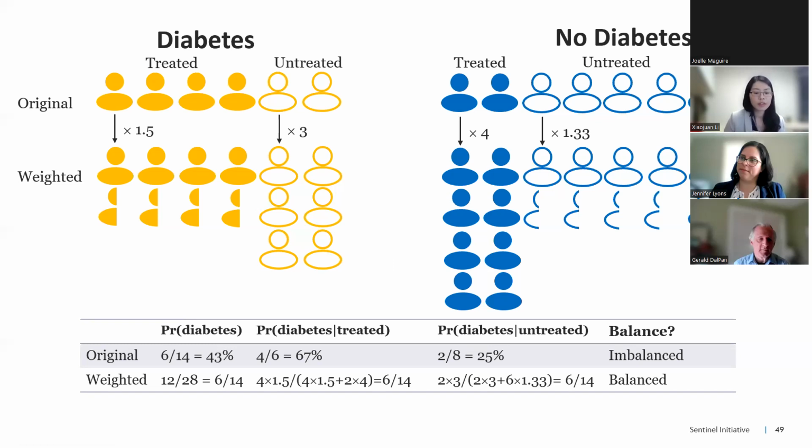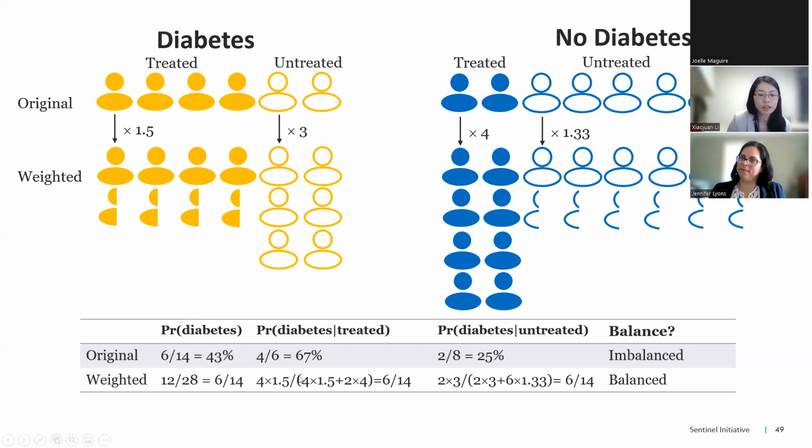are untreated. And the distribution of diabetics in the treated group is now 6 divided by 6 plus 8, which is 6 over 14. And the distribution of diabetics in the untreated group is also 6 divided by 14. So the previous imbalance in the diabetics in the treated and untreated group, which was 67% versus 25%, is gone.